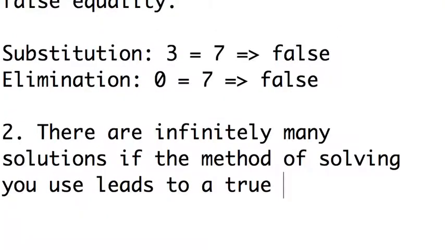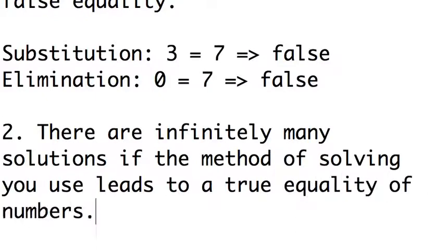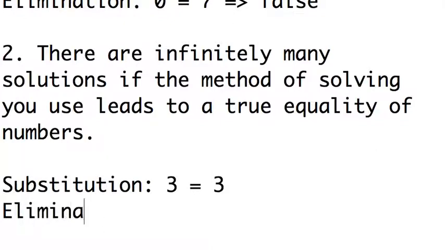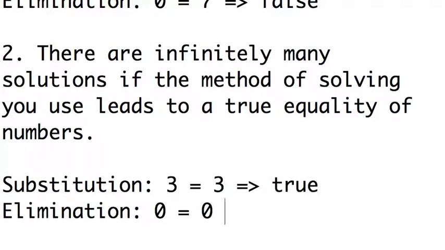But if the method of solution you use leads to a true equality of numbers. So when you do substitution, you might end up with something like 3 is equal to 3. It might be 0 equal to 0, but it could be any number equal to any number. When you do elimination, it will always end up with 0 is equal to 0. In either case, these lead to true statements, and this implies infinitely many solutions.